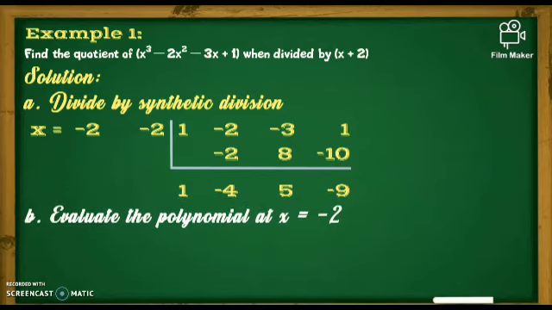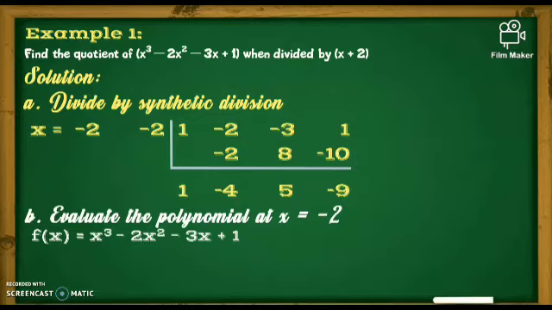Another method is by evaluation. Now, evaluate the polynomial at x equals negative 2. Take the polynomial f of x is equal to x cubed minus 2x squared minus 3x plus 1.